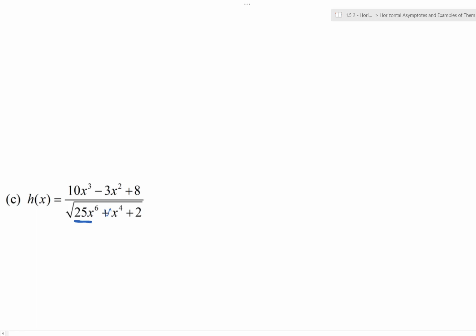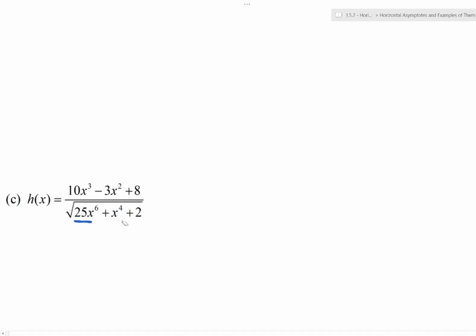So if I disregard those two terms, and take the root of 25x to the 6, we would have a 5x cubed, depending on the value of x, if it's positive or negative.